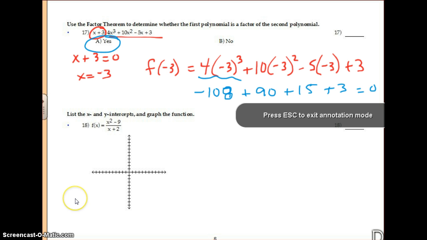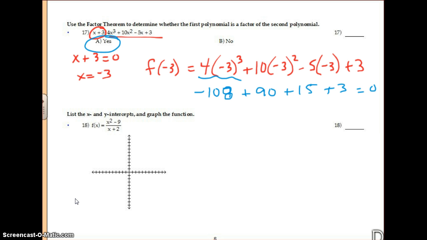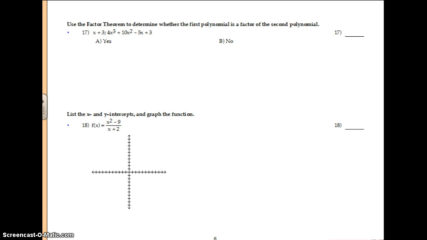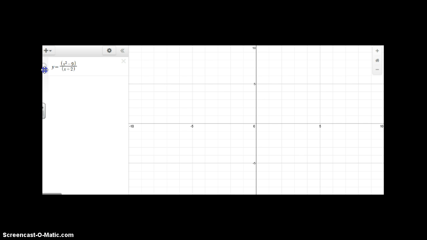For number 18, it says list the x and y intercepts and graph the function. I think what I would do is go ahead and graph the function, and we'll look for the x and y intercepts there. So I put the function in my graphing calculator. I'm going to graph that, and we want the x-intercepts. So along the x-axis, what are my x-intercepts?